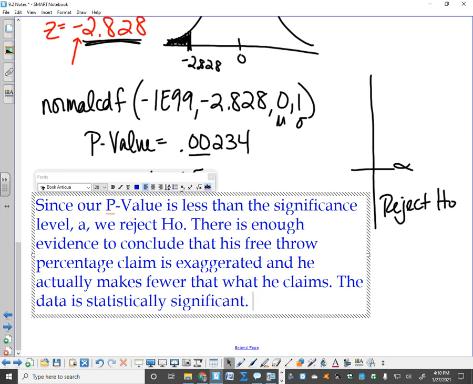I can't talk and spell at the same time. The data is statistically significant. If there wasn't enough evidence to conclude H sub A, and I stayed with H sub O, then we would say there is not enough evidence. So the only word you would interject is right here. You would write the word not. And you would state that the data is not statistically significant.